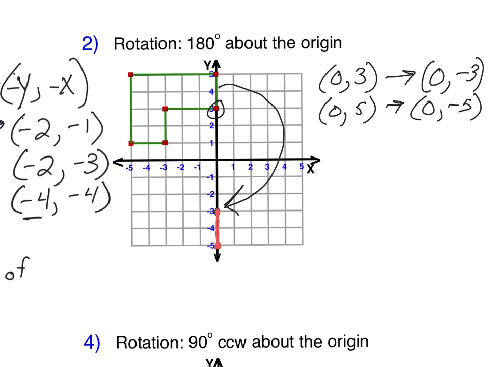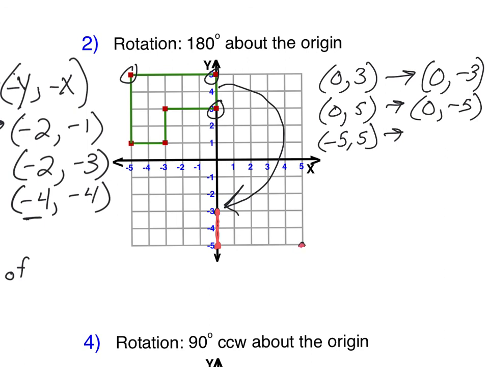Now, here's where it gets a little bit trickier. If this was my second point, let's make this corner my third point. First of all, the coordinate is left 5, up 5. It's now going to switch all the way down to here. That's a 180-degree rotation.